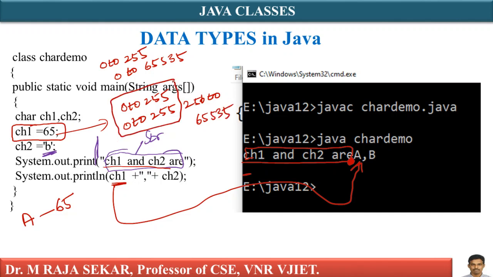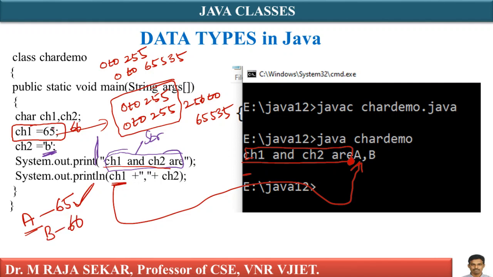What does it mean? There is no difference between ASCII code and Unicode from 0 to 255. ASCII is always a subset of Unicode. Therefore, capital A's Unicode value is 65, and capital A's ASCII code is also 65. If instead of 65 I store 66, I will get capital B, because capital B's ASCII value is 66.